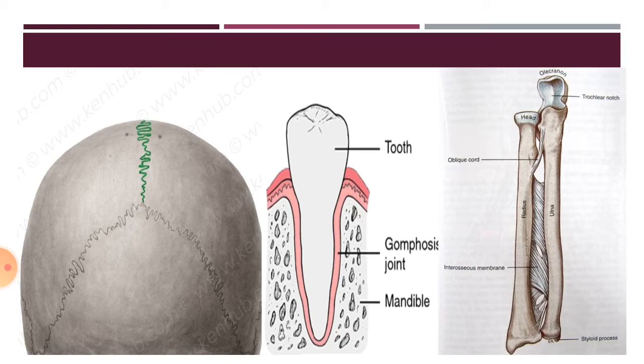So this is a type of gomphosis, and this is also a fibrous joint, and this is immovable. The last one is the syndesmosis, and you can see that this is an example of radioulnar, and between the radius and ulna you can see the interosseous membrane that is holding these two bones together.